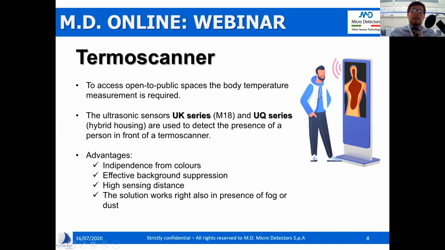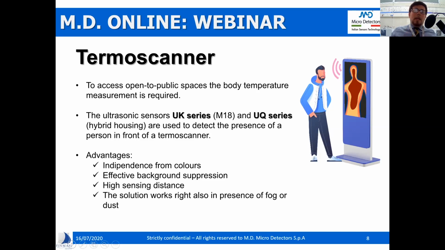The necessity here is represented by the detection of the presence of the user just in front of the thermoscanner, because in this way we can activate the thermoscanner itself when the user is there, and deactivate it when the user goes away.